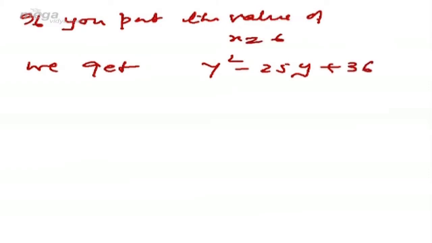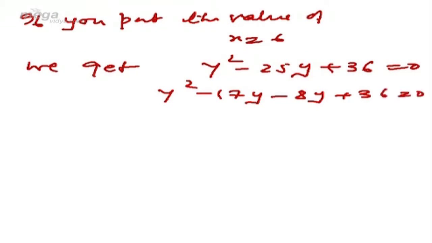If you put the value x is equal to 6, then we get y square minus 25y plus 136 is equal to 0. By factorizing it, y square minus 17y minus 8y plus 136 is equal to 0.